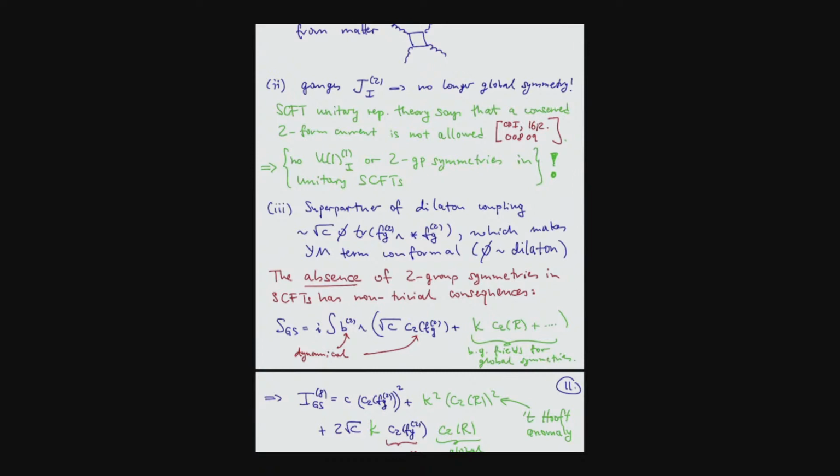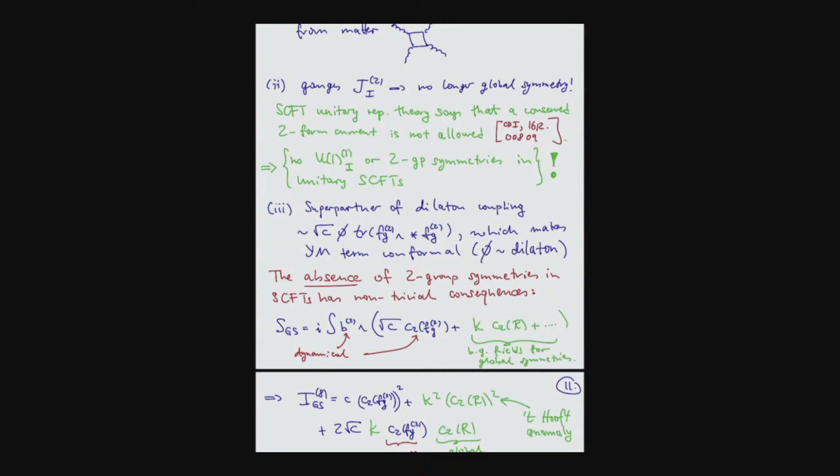So that suggests that this one-form symmetry doesn't actually exist in superconformal field theories. And that interpretation is correct, and you can give a completely independent argument for that. So at the superconformal point, all operators have to sit in unitary multiplets of the superconformal algebra. Depending on how much supersymmetry you have, you might have different algebras. And you can classify all ways in which conserved currents can appear in unitary multiplets of the superconformal algebra. This is something we did in this paper.